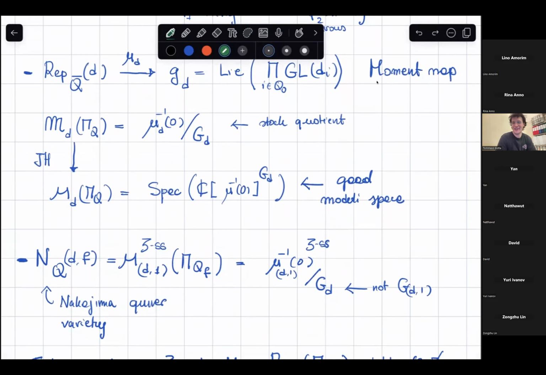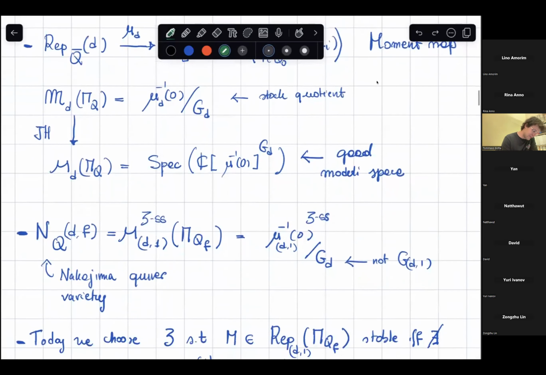My point is that it would be good for us to think of the Nakajima quiver variety as the good modular spaces parameterizing representations of the framed quiver with some prescribed stability condition.